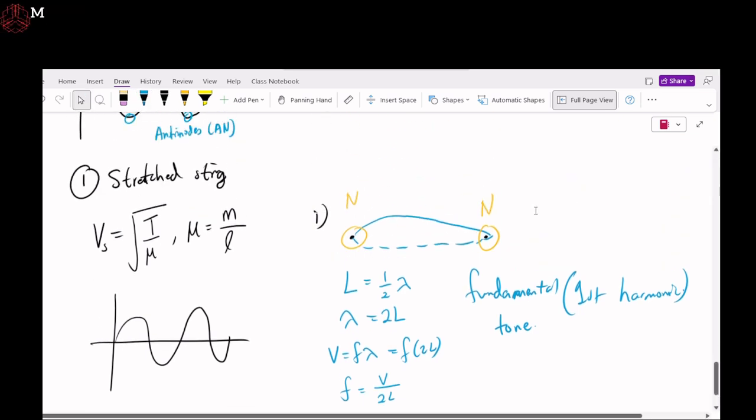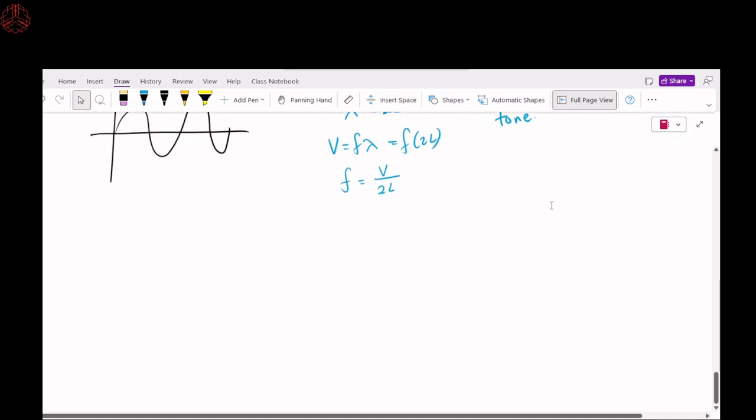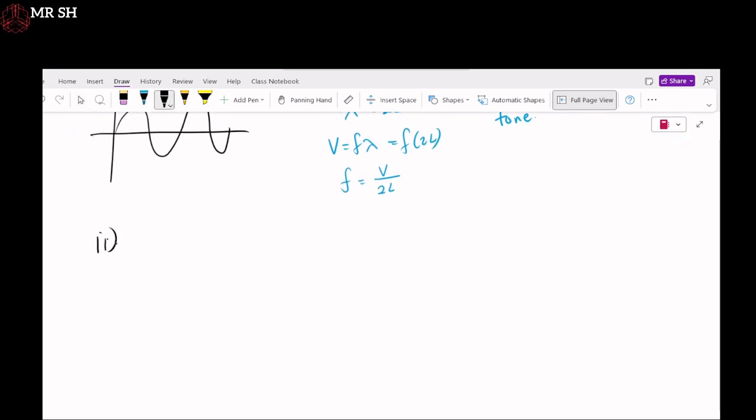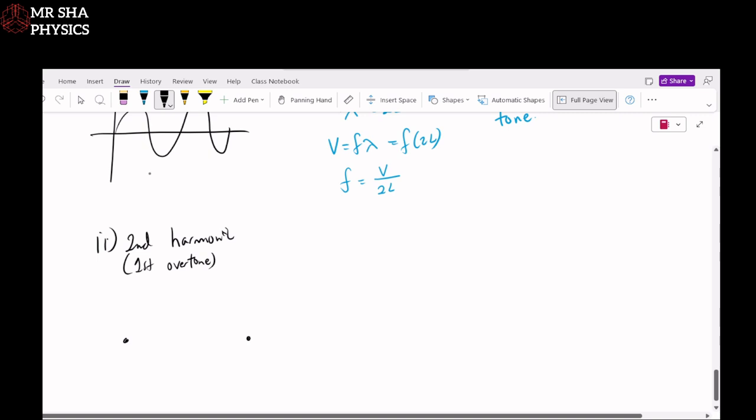We'll look at the second harmonic now, which is also called the first overtone. Over being over the fundamental. If I have again the ends of the string here, then I can form a standing wave that looks like that. Now my length is equal to my lambda.